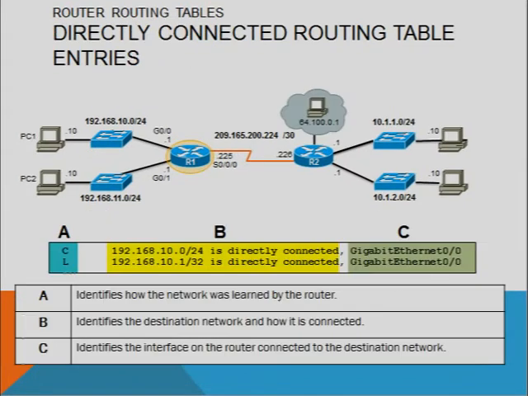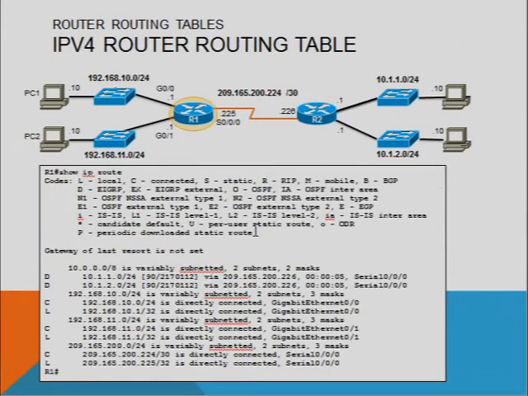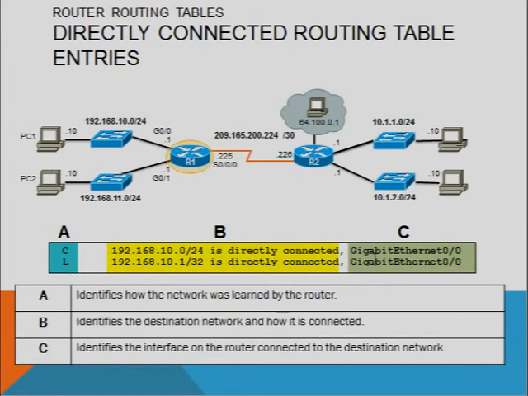To zoom in on the routing table, this is how the statement that shows the directly connected entries looks. On the left hand side, part A, you have two different values, namely C or L. A shows how the network is learned by the router.